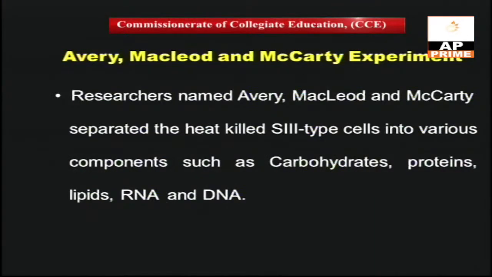Now, the focus was on finding out the biochemical nature of the transforming principle in Griffith's experiments. Many scientists performed different experiments, and there were different observations, results and opinions. A team of scientists, Avery, McLeod and McCarty, performed experiments to determine the biochemical nature of the transforming principle.